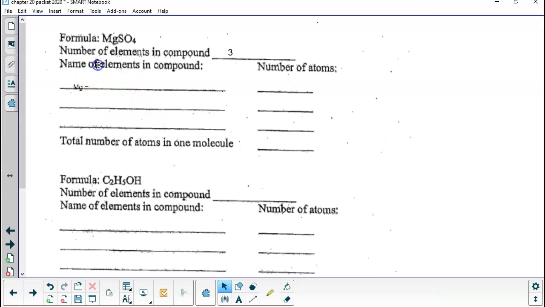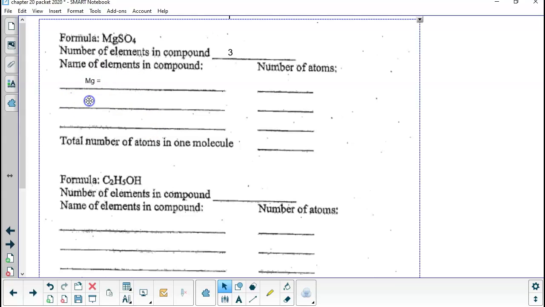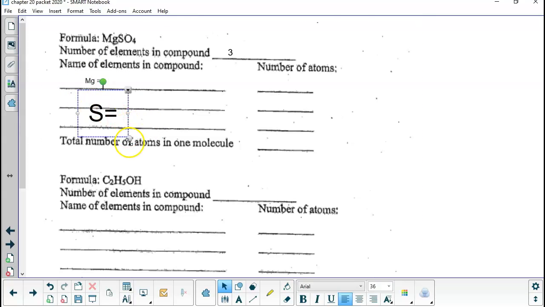And then we have the S, and then we have the O. And hopefully you remember that O stands for oxygen. That's one that hopefully by the end of the week you'll have memorized. Now for our numbers, for this Mg, there is no subscript after the g. If there's no number, that means we just have 1.